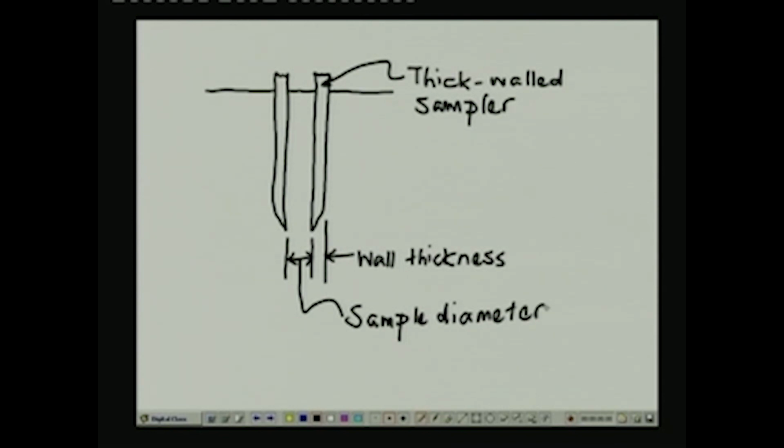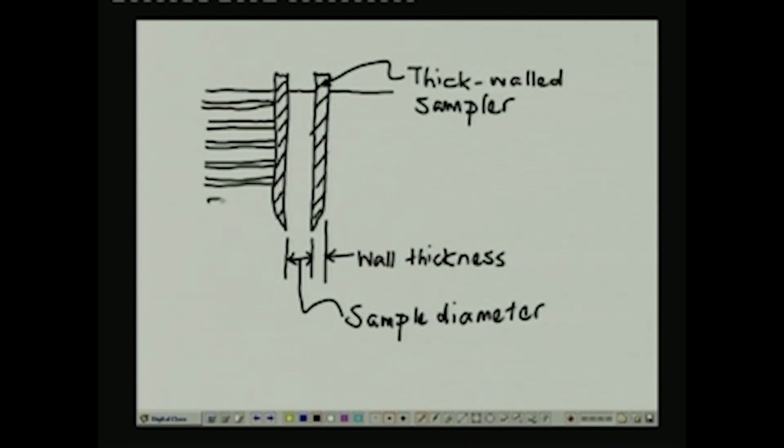So, let us imagine that we are inserting a thick walled sampler into the ground, and for convenience, let's imagine that the soil underneath the ground surface is a varved deposit. I am just giving you an example here.